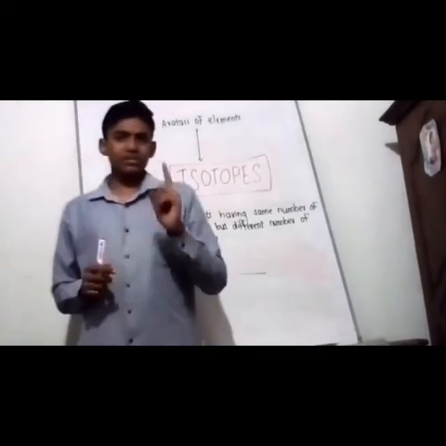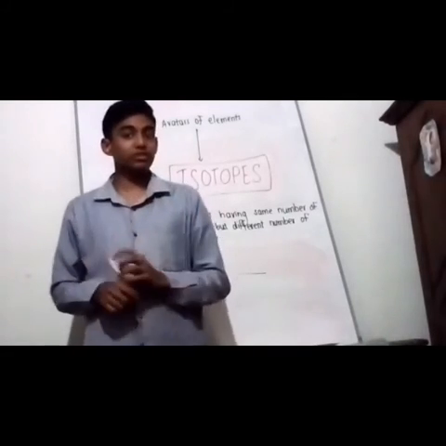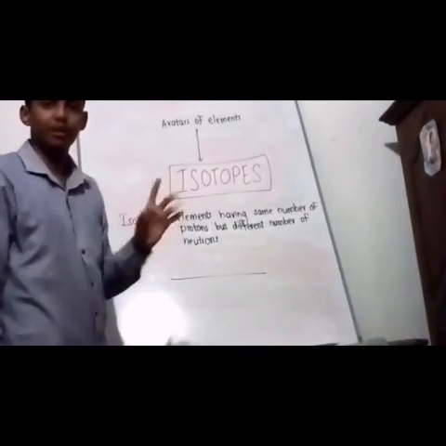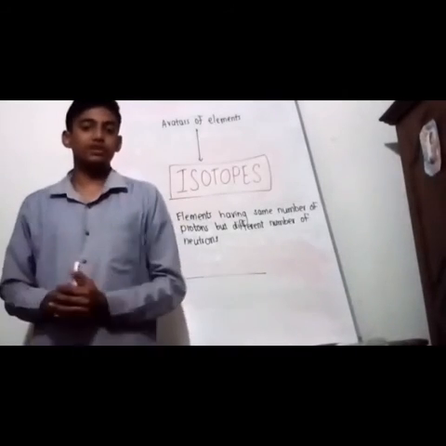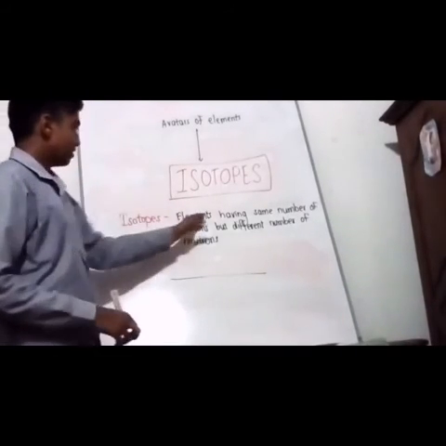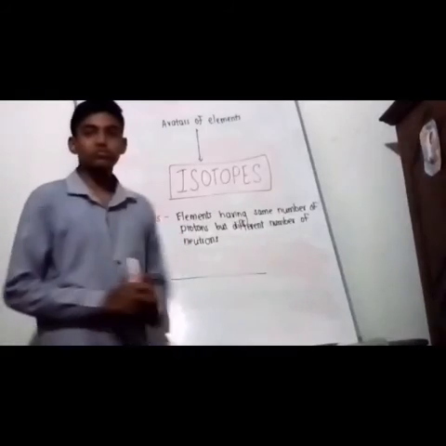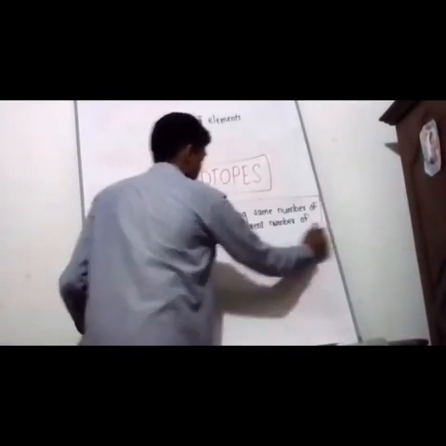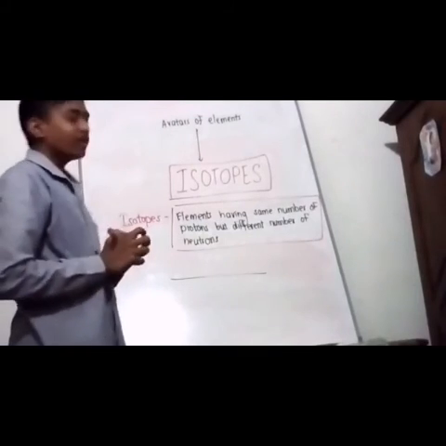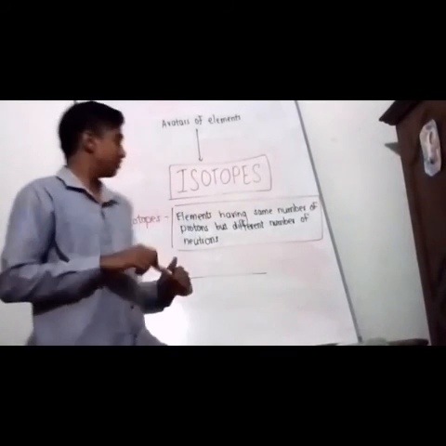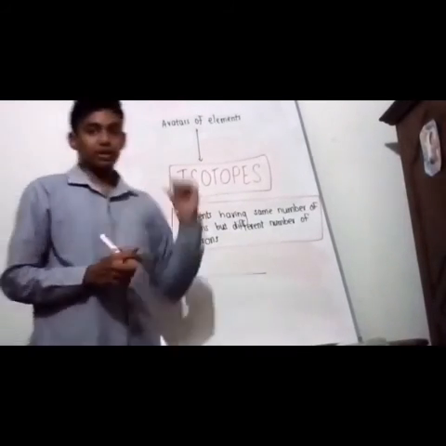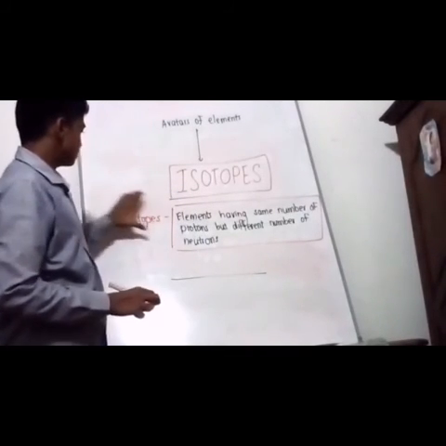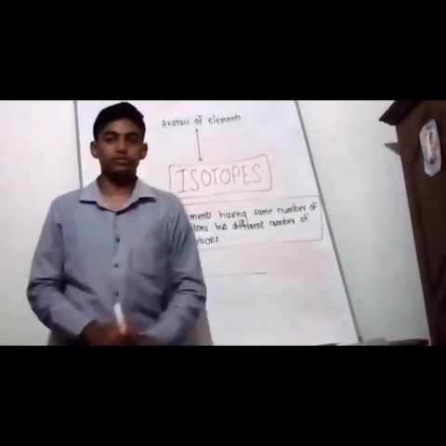What is the technical definition of isotopes? Isotopes are elements having the same number of protons but different numbers of neutrons. You must remember this definition too. This is a very important definition in the topic of atoms.